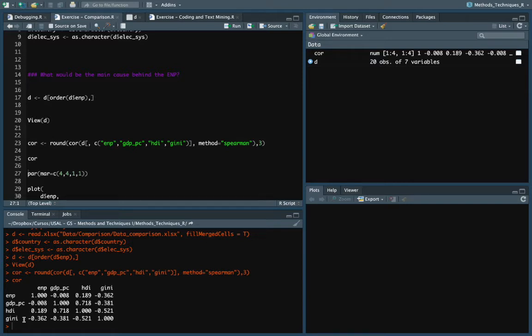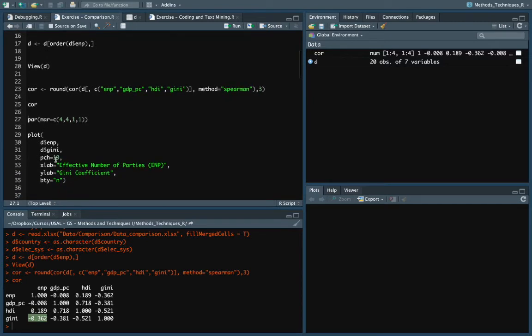So the more equal, the higher the effective number of parties.